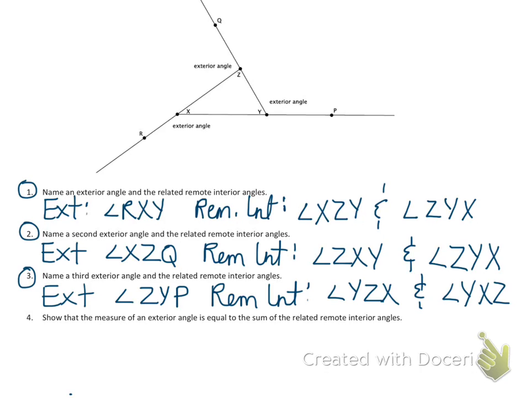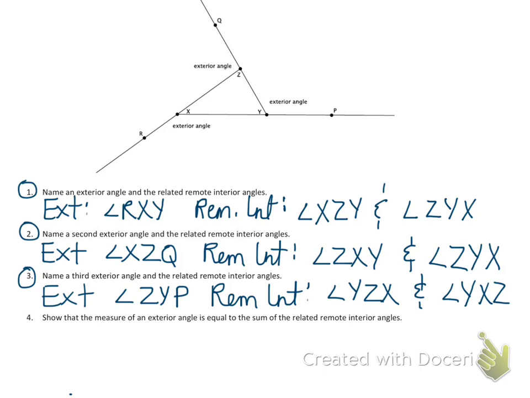I chose for my number 1 exterior angle RXY, which is right here. RXY is this exterior angle. So the related remote interior angles would be XZY and then ZYX. So these two here. Okay, and then the other 2 examples, so you can check your work.